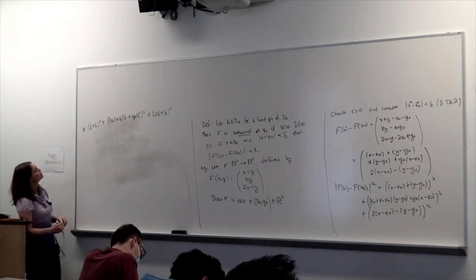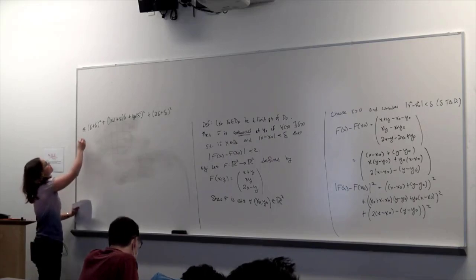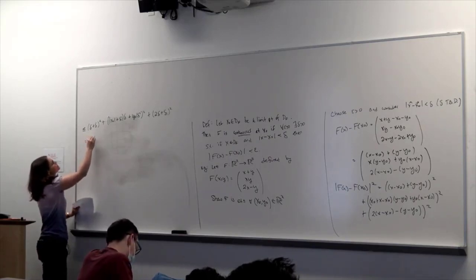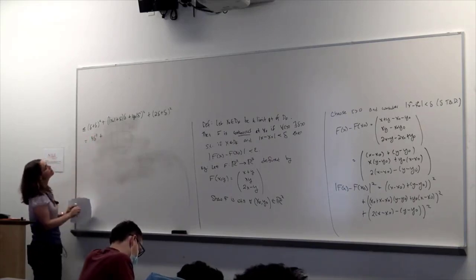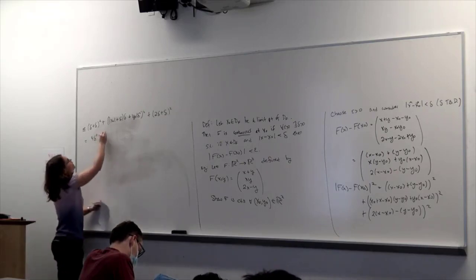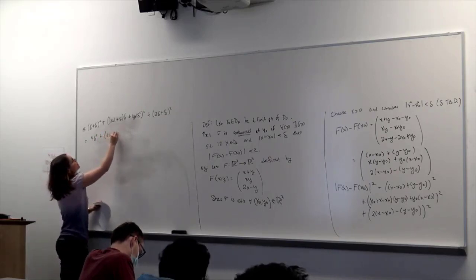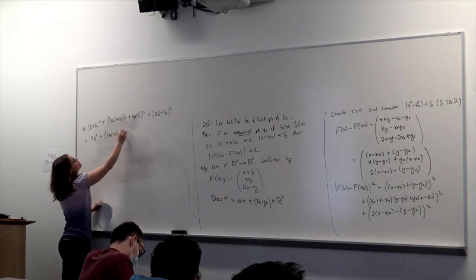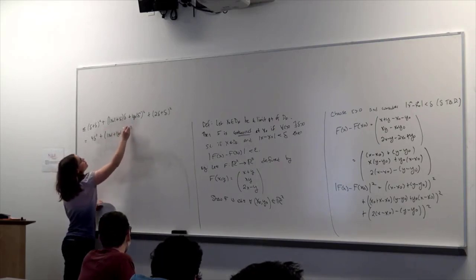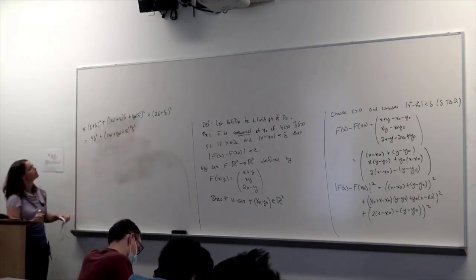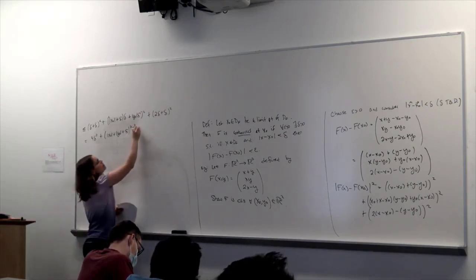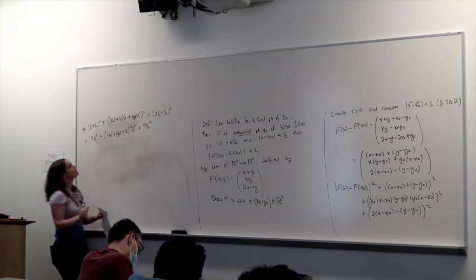All right, and then we can start to try to simplify a little bit. Okay, so what do we get here? We get 4 delta squared plus absolute value of x naught plus absolute value of y naught plus delta squared times delta squared plus 9 delta squared.